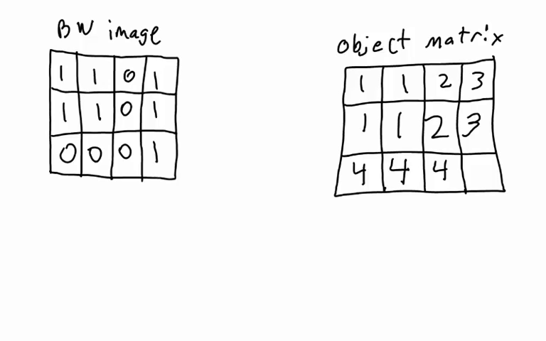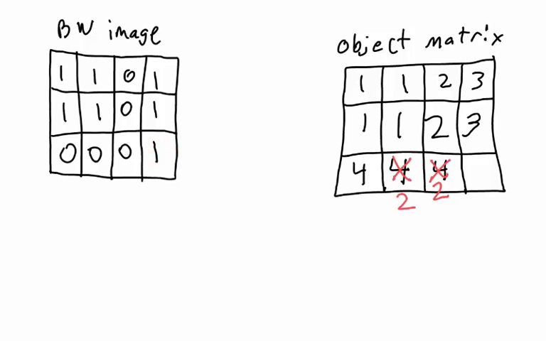Finally, I look at the last pixel. Rule number 1 says that if the BW value here is the same as here, the label should be the same. So that rule does not apply. Rule 2 says that if the BW value here is the same as here and here, then the label should also be the same.